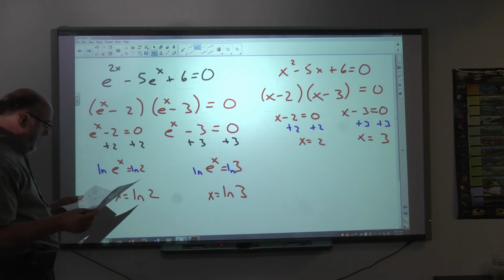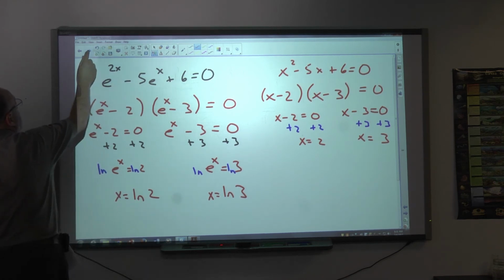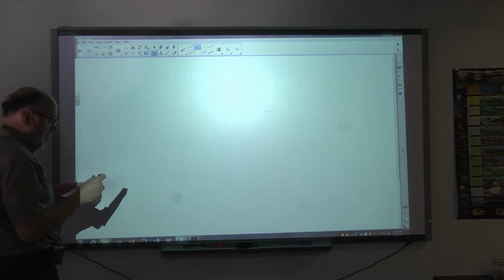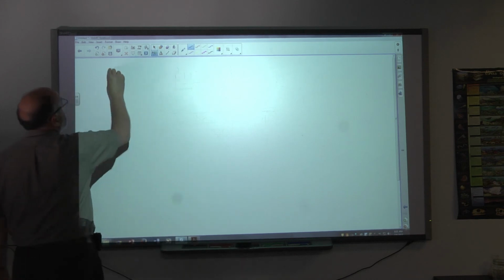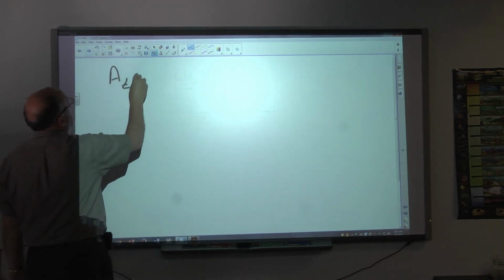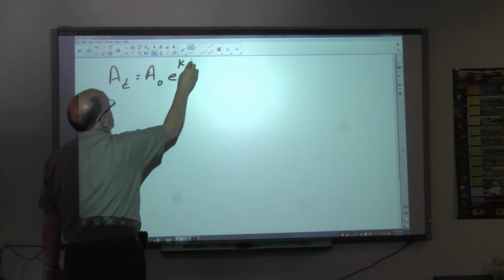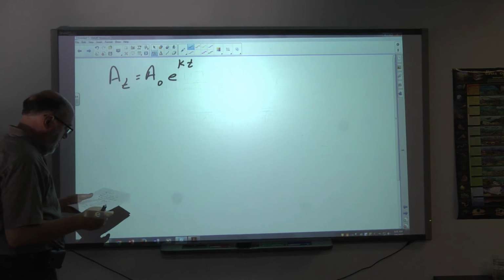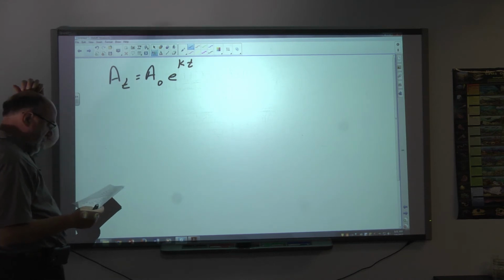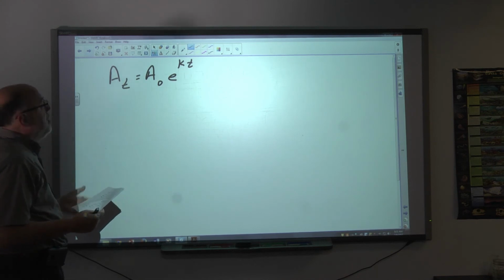Okay. All right. One more type, and we saw in terms of our exponential growth equation from last time that a sub t equals a naught e to the k t. So we can look in terms of this one, right? And we played with this before, okay?